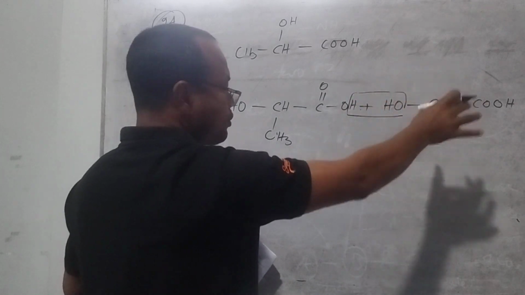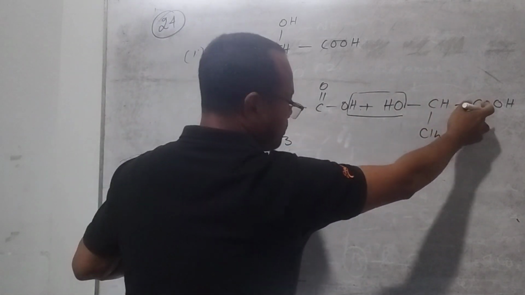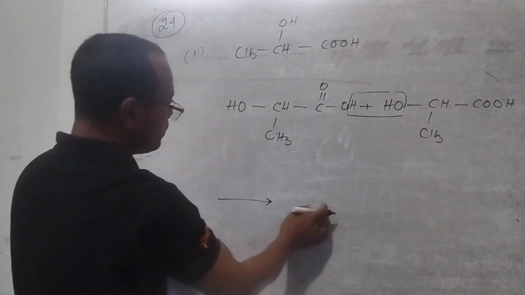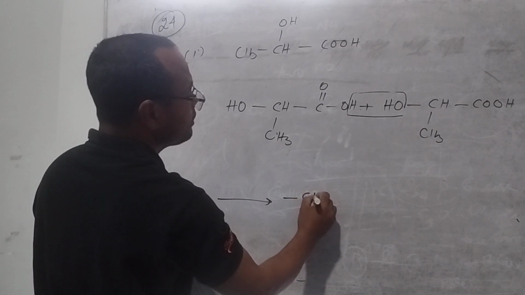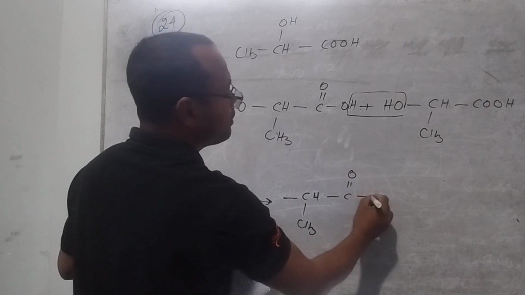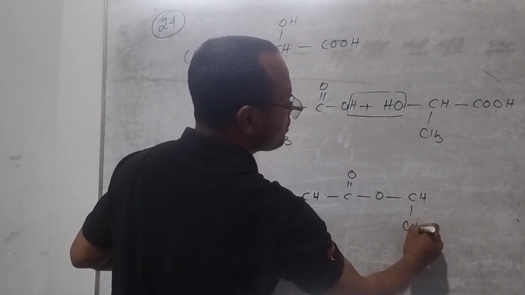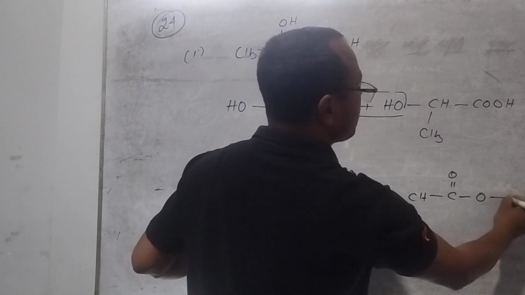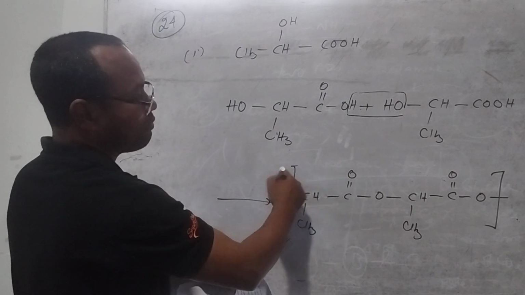Similarly, when we form the chain, this OH is removed and this hydrogen is removed, so it starts forming like this: CH, CH3, then C double bond oxygen, oxygen, then again CH, CH3, again C double bond oxygen. So it can form a very long chain.